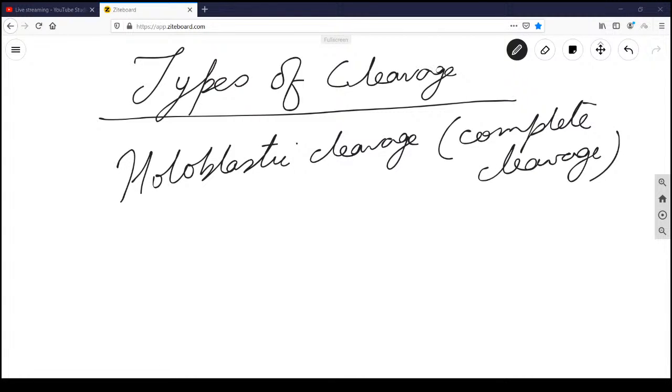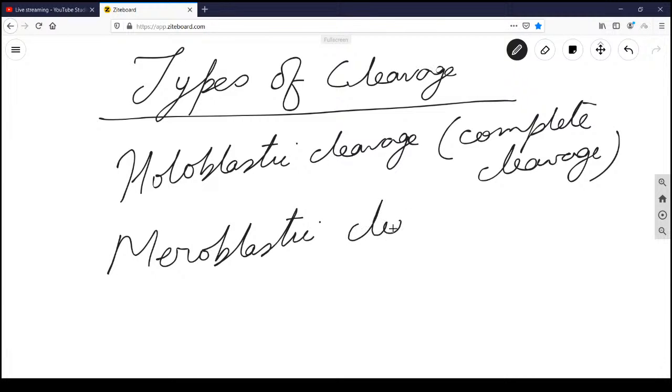Then you have meroblastic cleavage, which is known as incomplete cleavage.